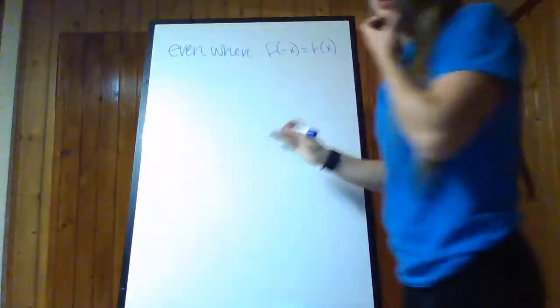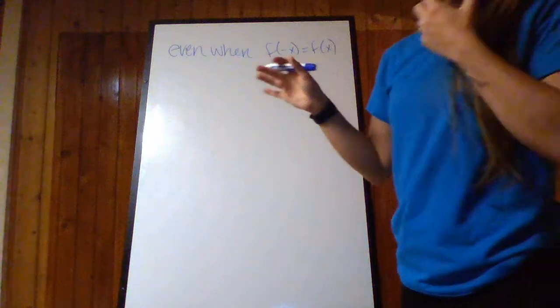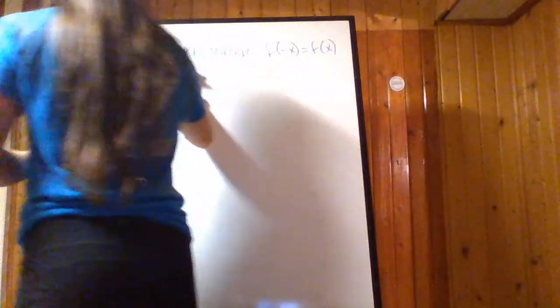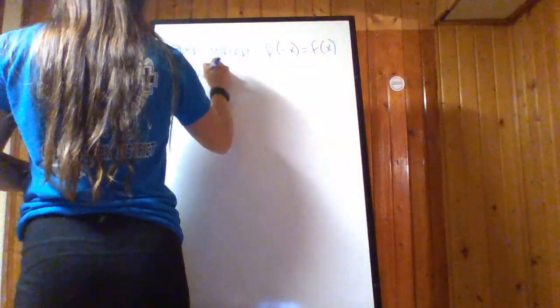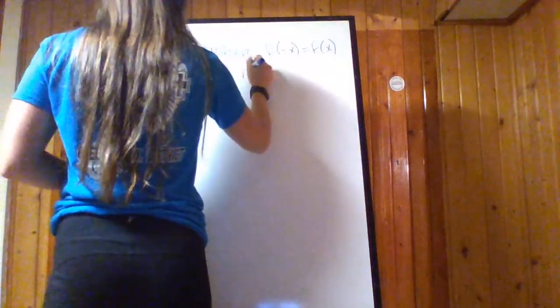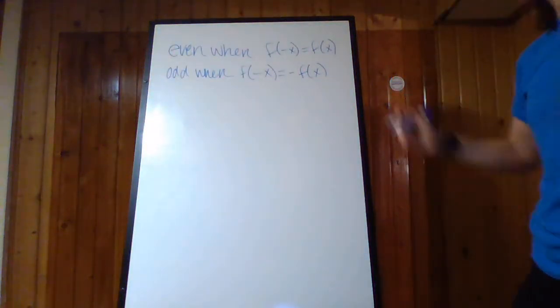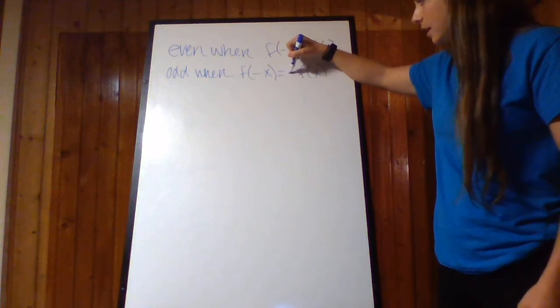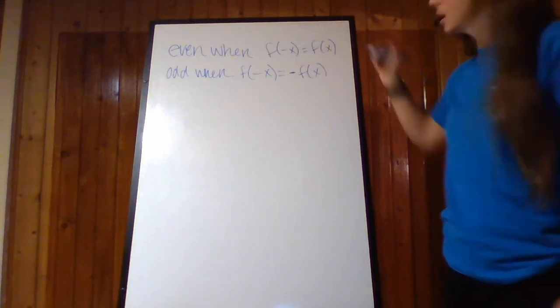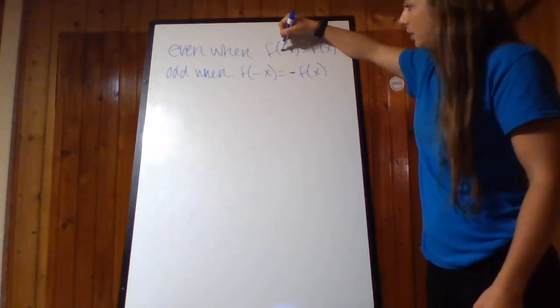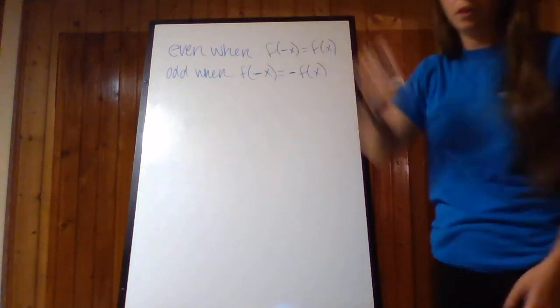Okay, we'll talk a little bit more about what this notation means in a second. So then it is odd when, again, you take f of negative x and it comes out to be negative f of x. Okay, be super careful where you're seeing these negatives, right? Right out in front, there's a negative here and a negative here.